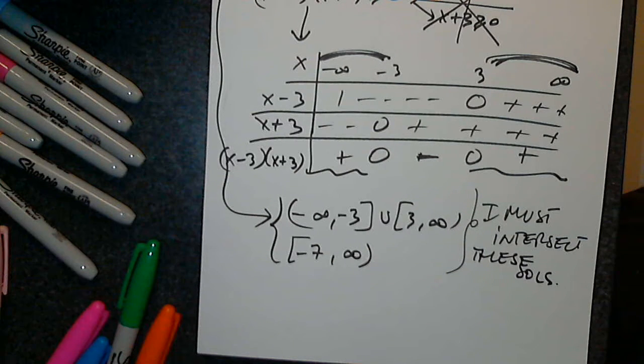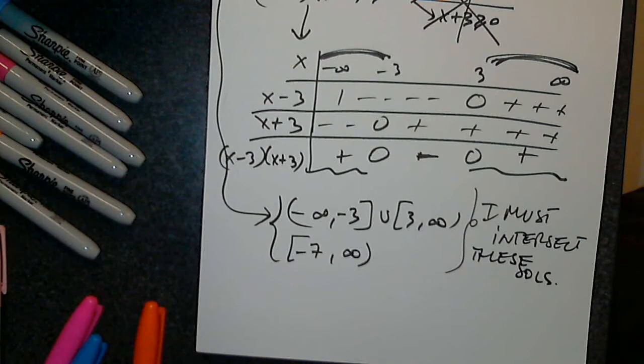I have to intersect these two conditions because both functions must be defined at the same time for the same x values. That's why I have to intersect these two. Because the first one may be defined here, and the second one may be defined here, and the function has no domain. If those two don't intersect, the function doesn't exist.